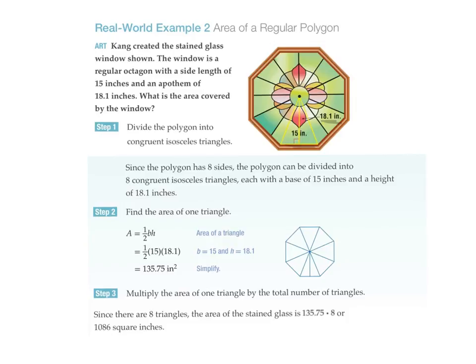Your triangle is a half base times height. Look, that's not changed. So each triangle, and don't forget the triangle is the yellow part here, so each triangle is 135.75. Okay, and like I said to you, it's an octagon, so you need to multiply that by 8 and you're going to finish up with 1086 square inches.